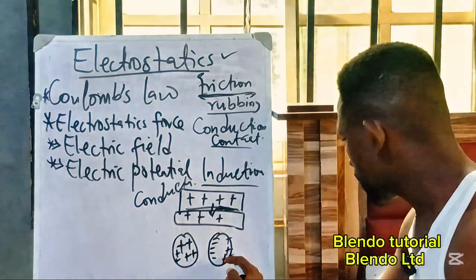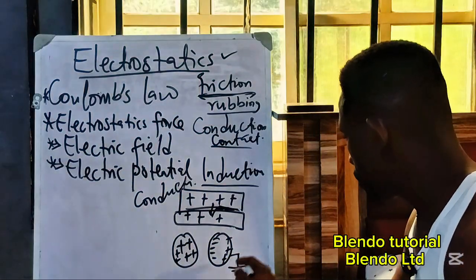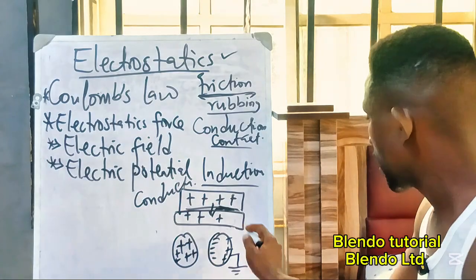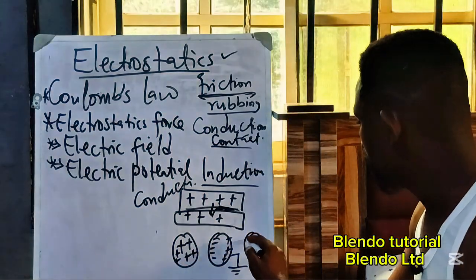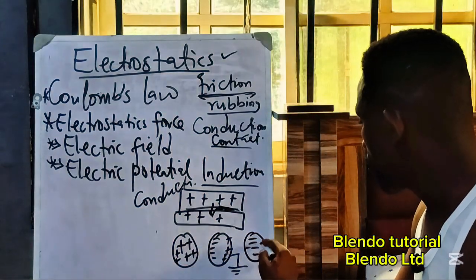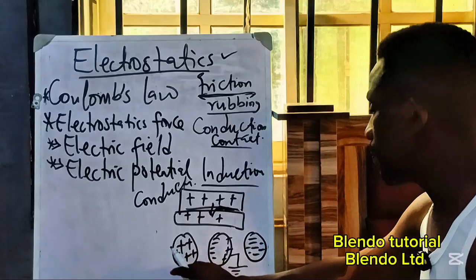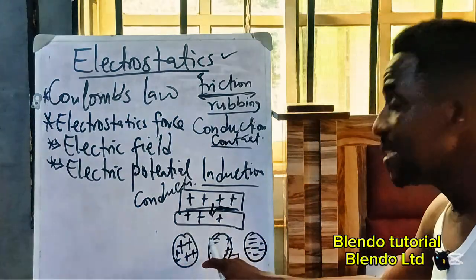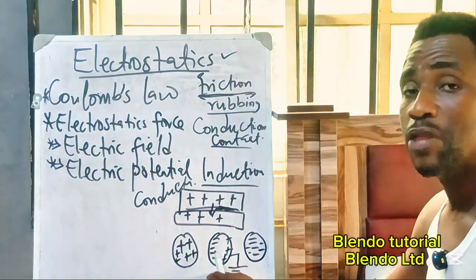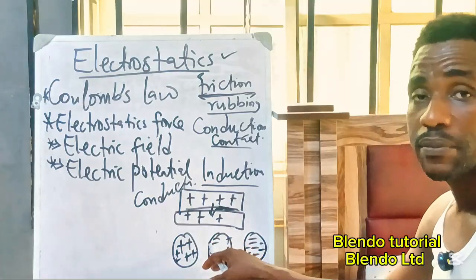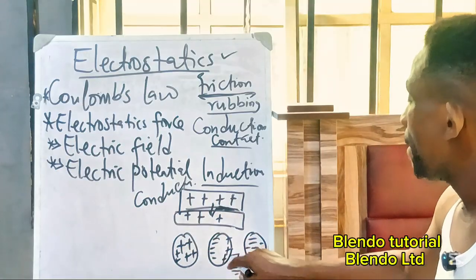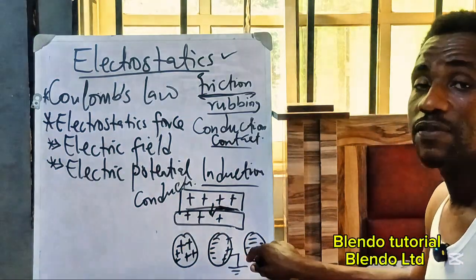If you now connect it to Earth, the outcome becomes negative, negative, negative. So a positively charged body charges a body by induction. Induction means not in contact, and it produces a negative charge.